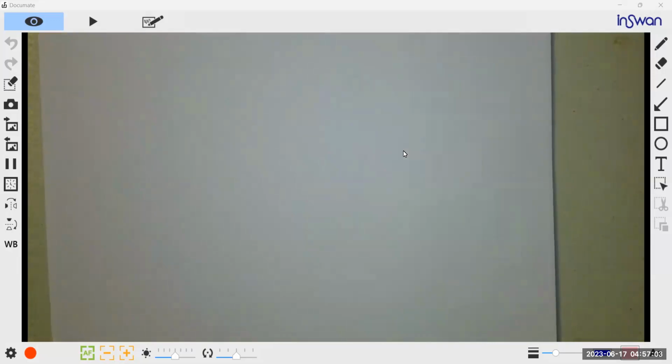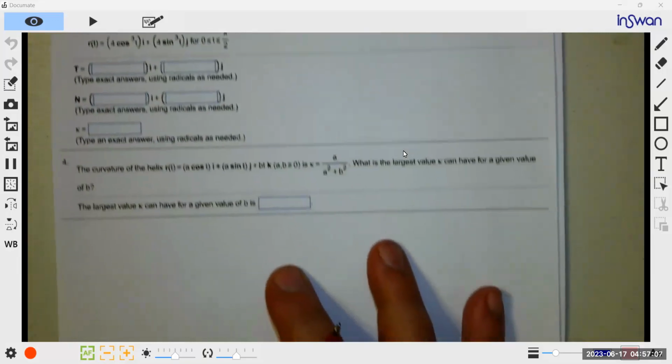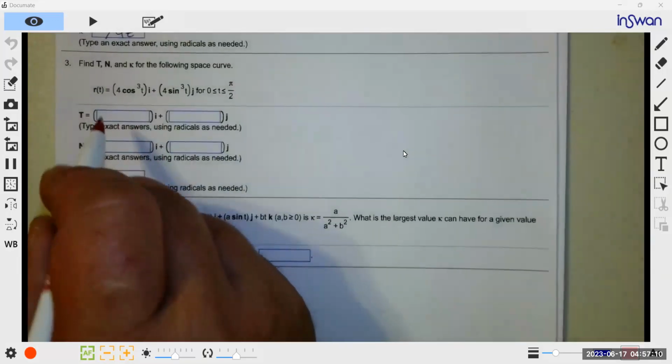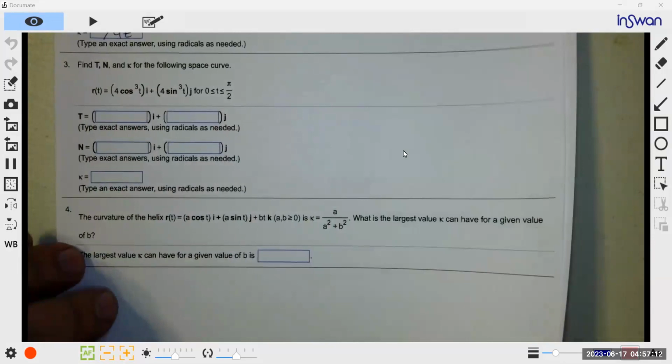All right. Let's do the same thing with number 3. Find N, T, K with number 3.